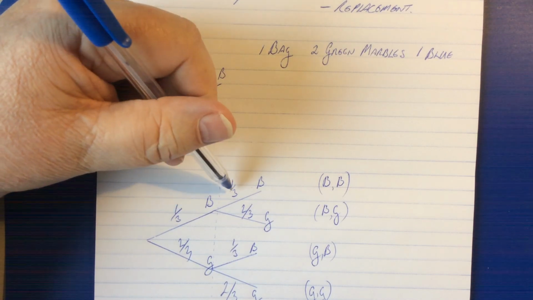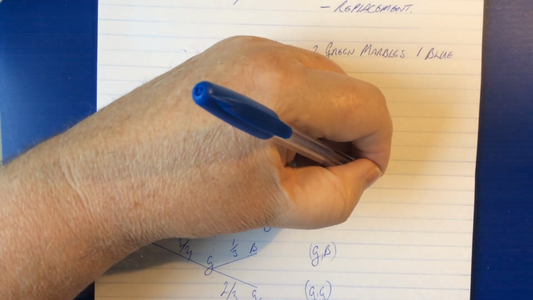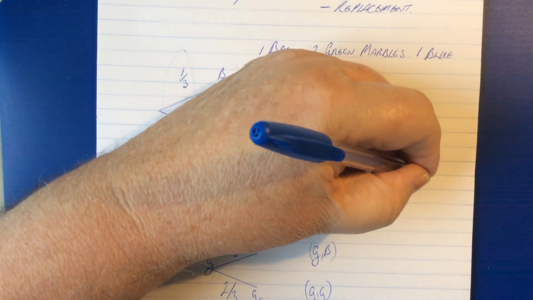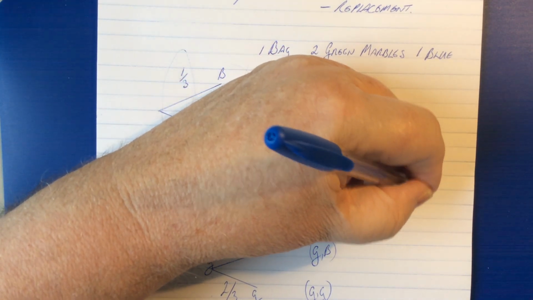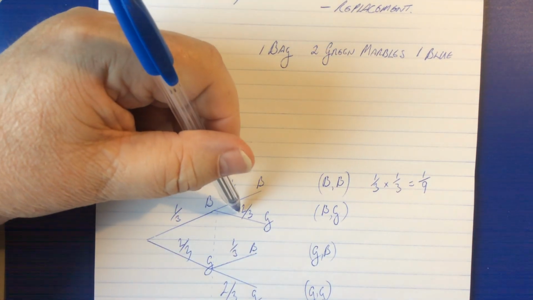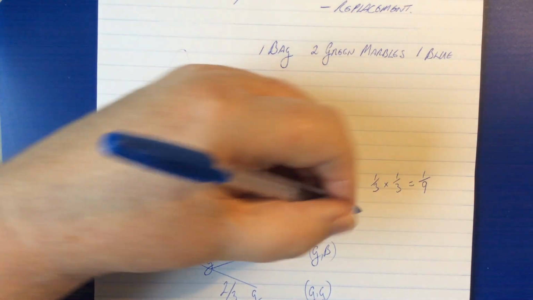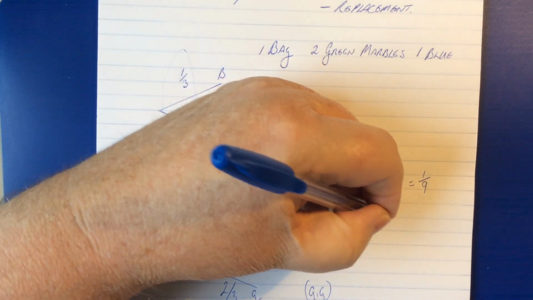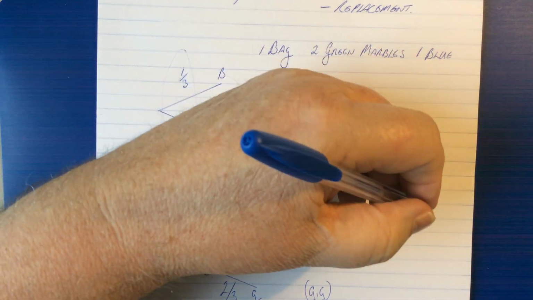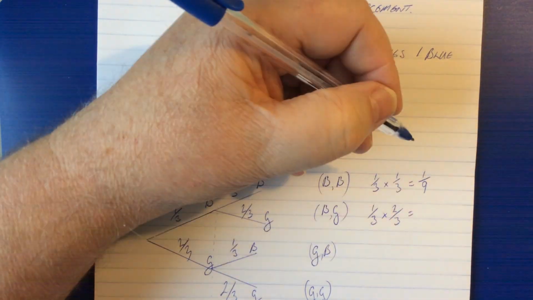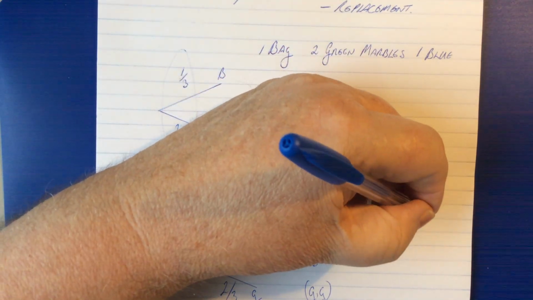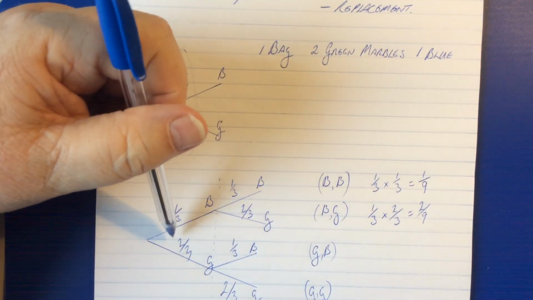Now, what is the actual probability? Well, in this case it is 1/3 times 1/3, which equals 1 out of 9. Here it is 1/3 times 2/3, which equals 2 out of 9.